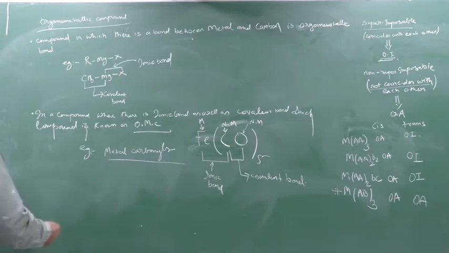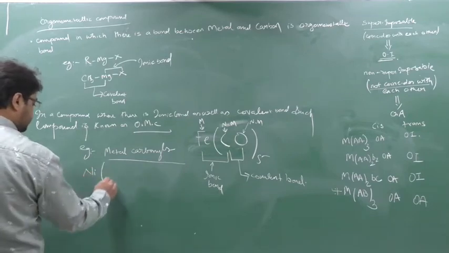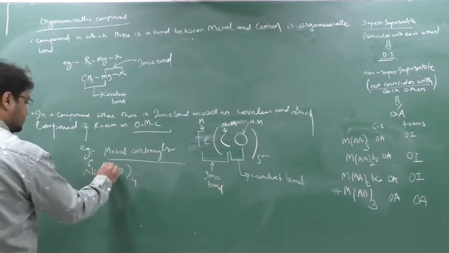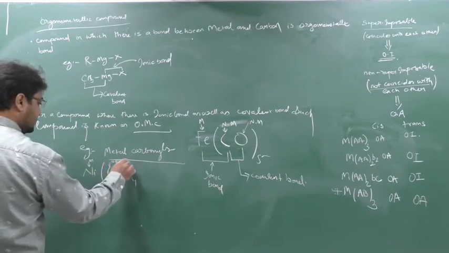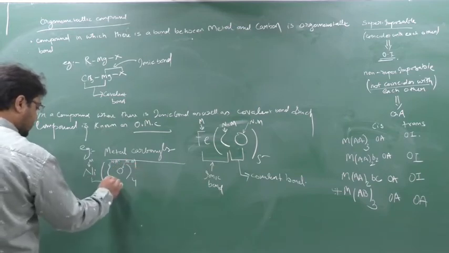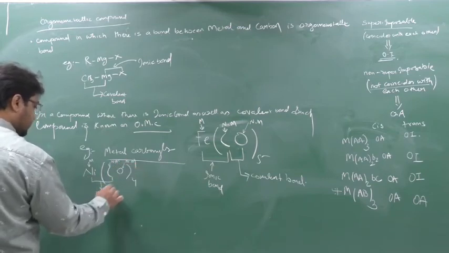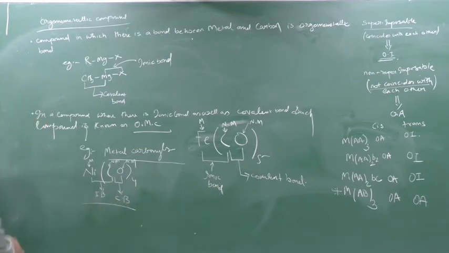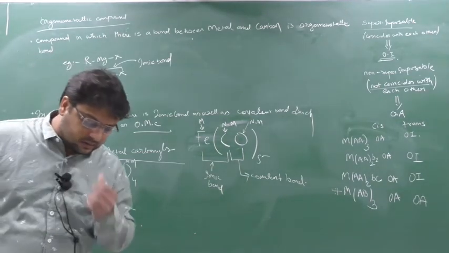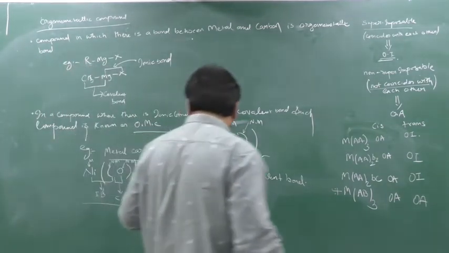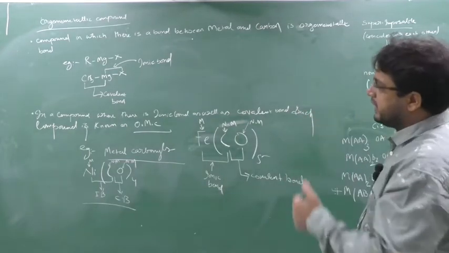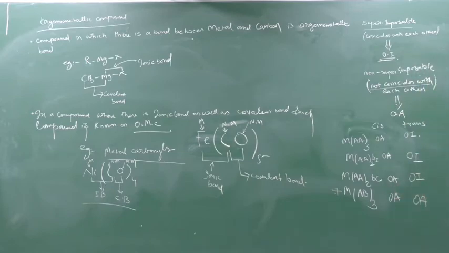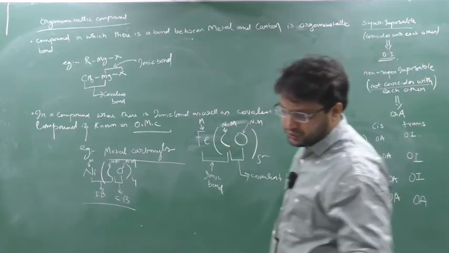One more is nickel tetracarbonyl: metal, non-metal, ionic bond; non-metal, non-metal, covalent bond. So all the carbonyl compounds are organometallic compounds, like the Grignard reagent. A number of examples are there, but remember this much, it is enough for your course. So this was your organometallic compound. Take a screenshot.